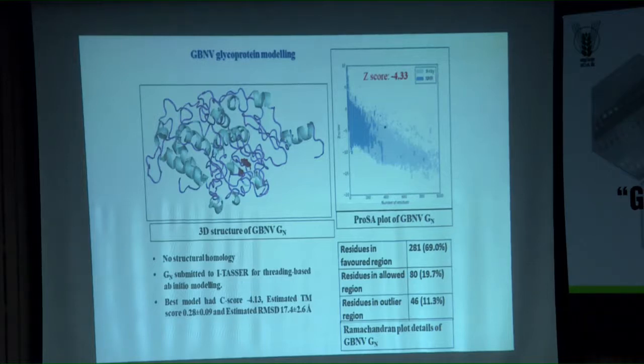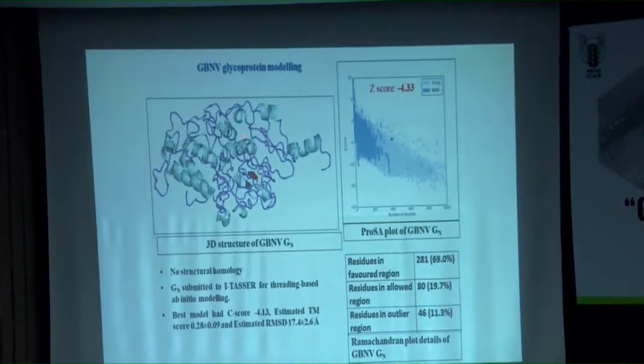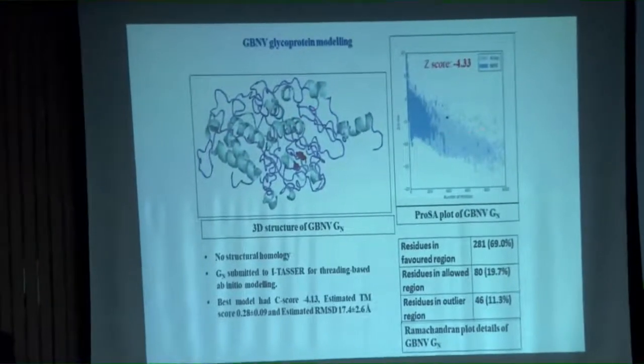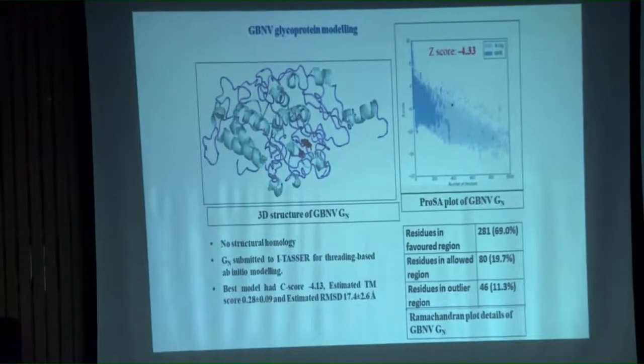Dark blue is basically the NMR proteins available so far. They plotted whatever proteins are available in the PDB on a graph, and this is the position of the protein. The dark region is protein structures generated from NMR studies, and the gray portion is generated from X-ray studies.